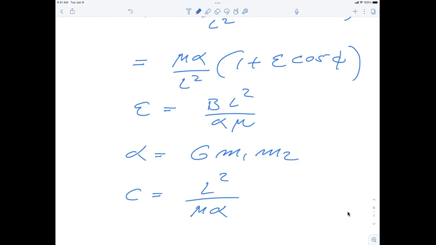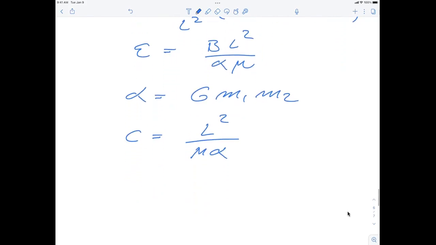And then we take the inverse here. So remember now that this epsilon is given in terms of B of L squared over alpha of mu. So if we take the inverse, what we get then is R of phi is given by C divided by 1 plus epsilon cosine phi.